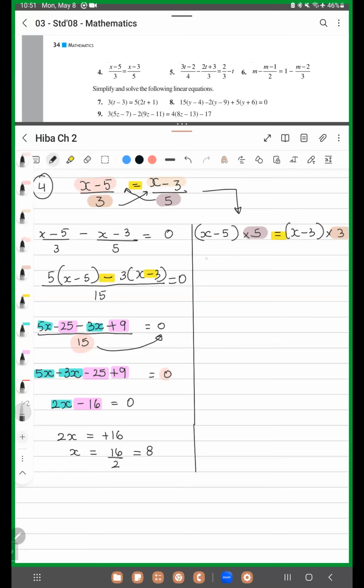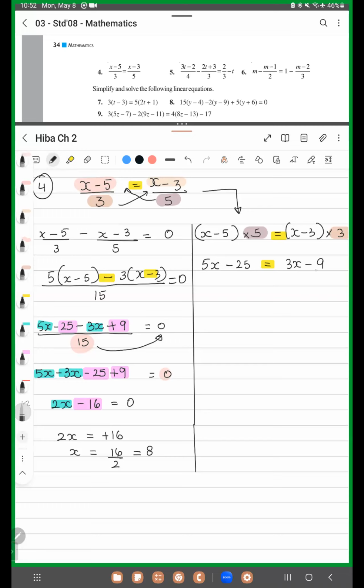X into 5 is 5x minus 5 into 5 is 25. 25 equals. आगे का आप मुझे बताते जाइए क्या लिखना चाहिए मुझे. 3x minus 9.